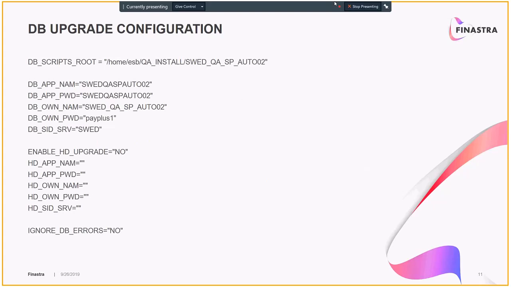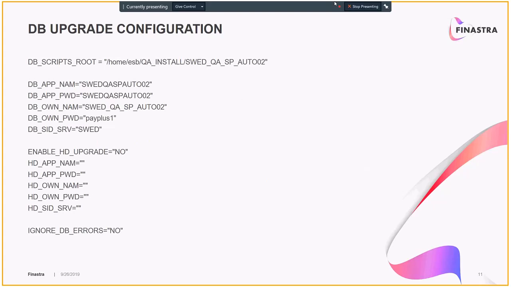There is a DB response file, dbresponse.txt, in all the environments. Mostly people use the QA install Jenkins job from Jenkins, but behind the scenes, the file which needs to be configured to use the DB upgrade tool is called the db_response.txt file.